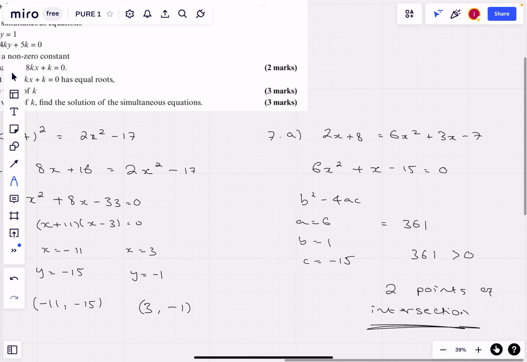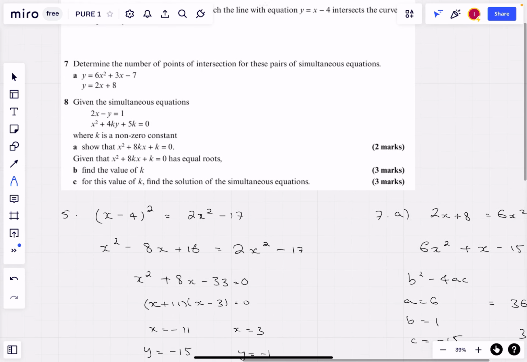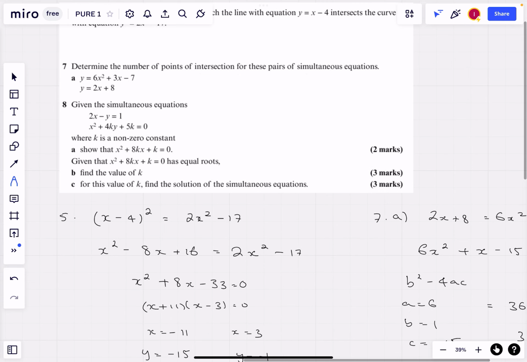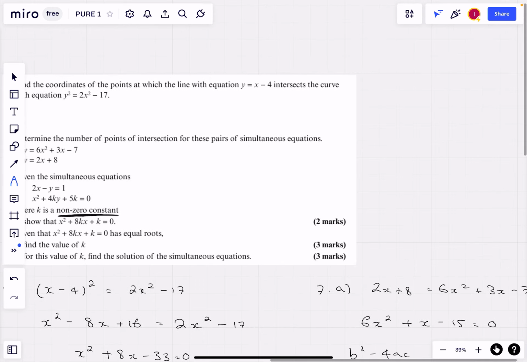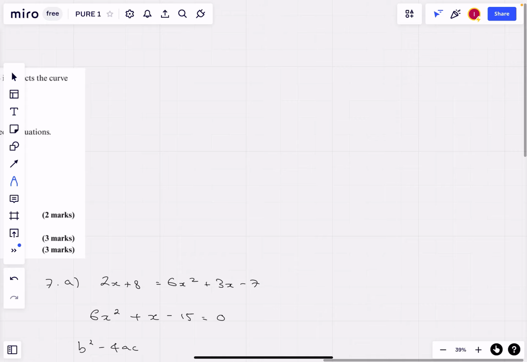Okay. Question 8. Given the simultaneous equations, blah, blah, blah, where k is a non-zero constant, that's super important, show that blah blah blah. Okay, let me do it here.